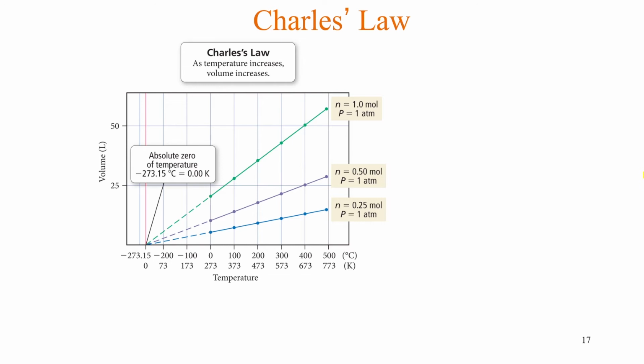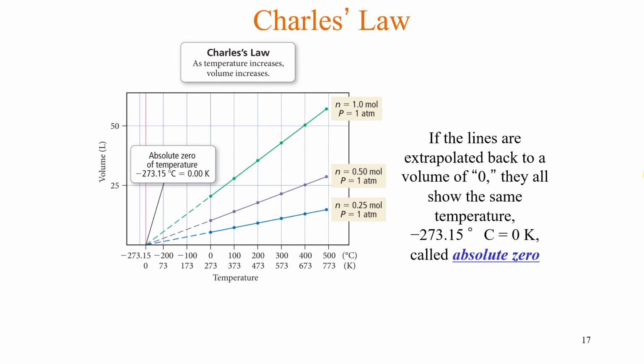Just as predicted, the volume is directly related to the temperature. As the temperature increases, the volume increases, and notice that the increase is linear. Now, one interesting thing here is that if you extrapolate all these lines back to a quote-unquote zero volume, they all intersect at the same temperature.